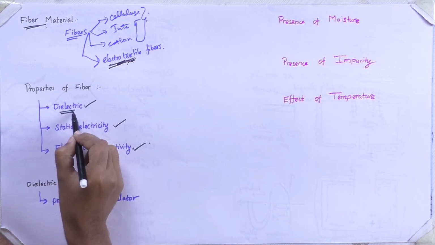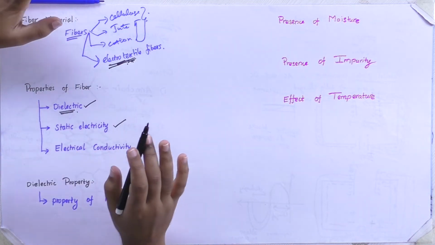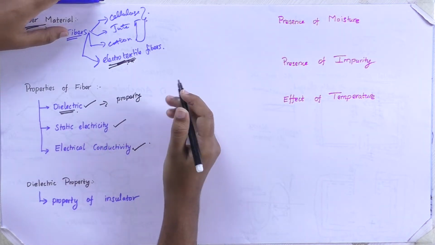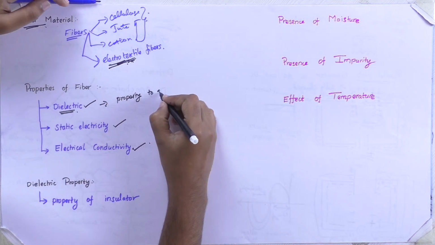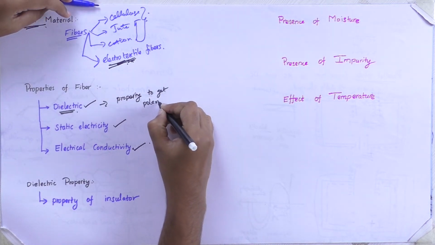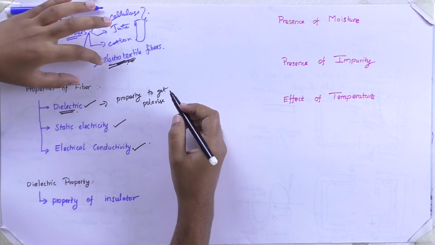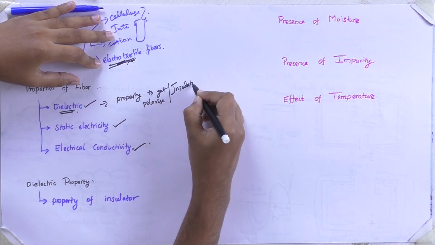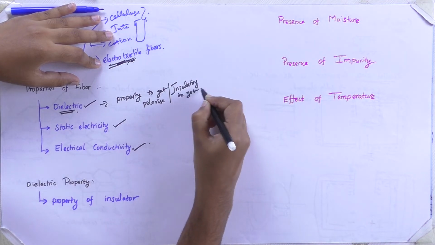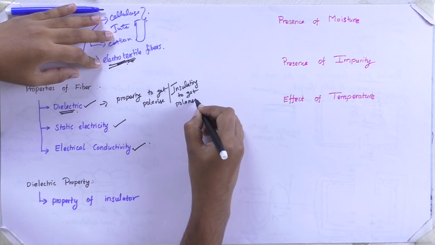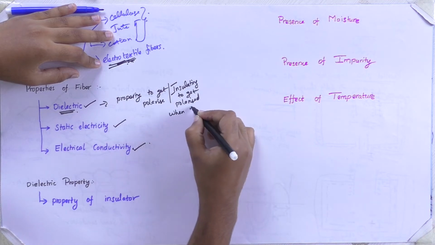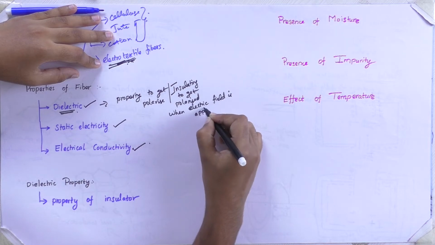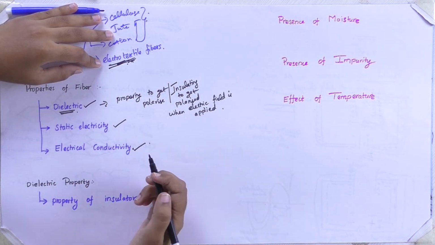The dielectric property is the property of an insulating material to get polarized when an electric field is applied.